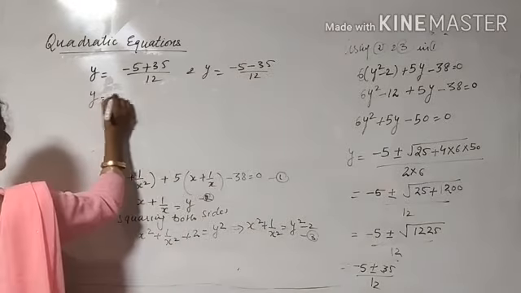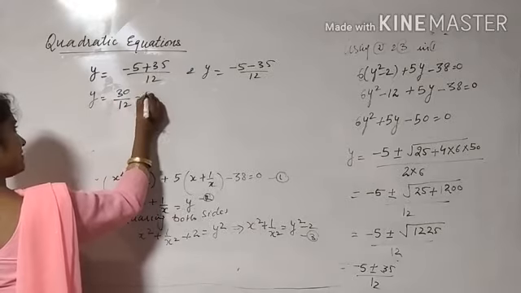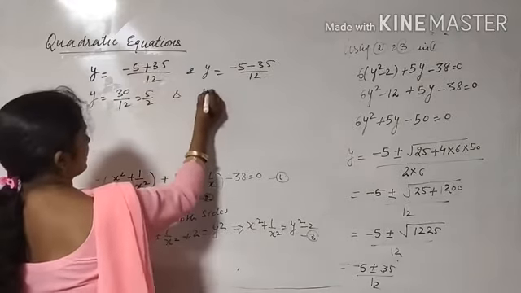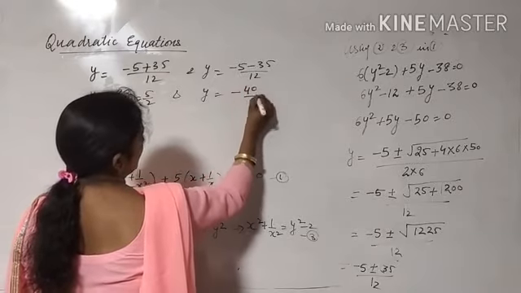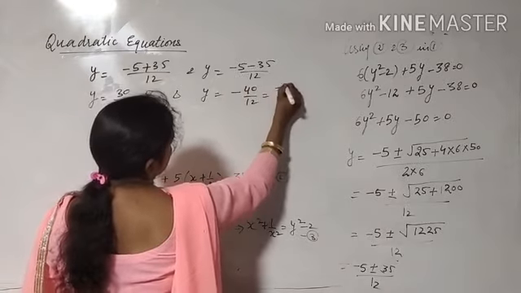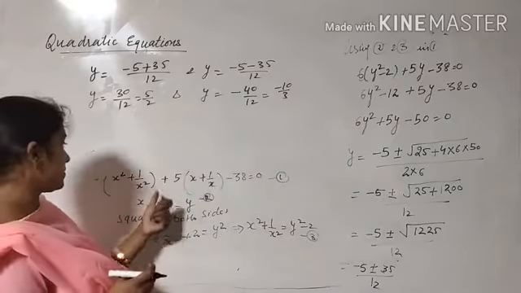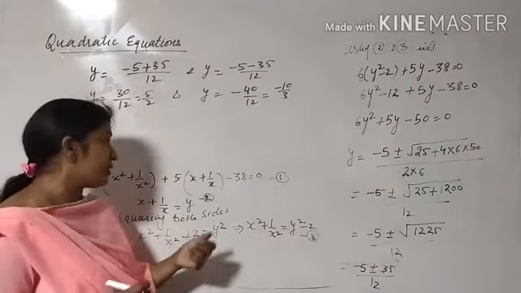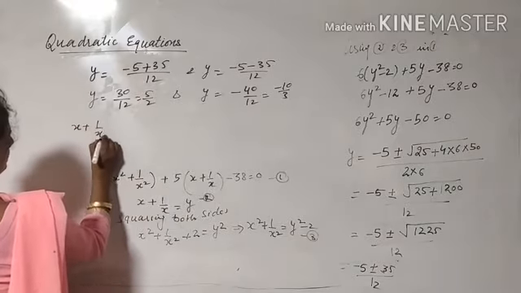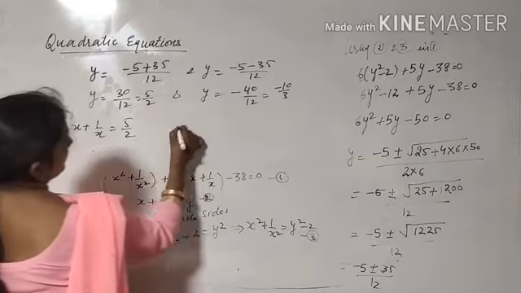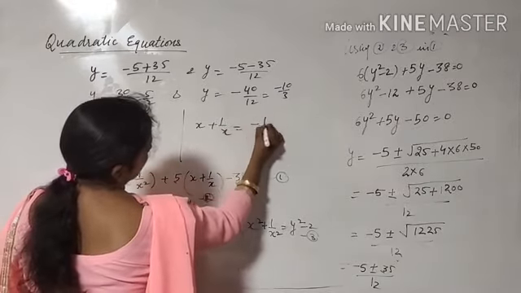So y will be 35 minus 5 is 30 by 12, that is 5 by 2, and y is minus 40 by 12, and this is minus 10 by 3. Now put these values one by one into this equation, x plus 1 by x is equal to y. We get x plus 1 by x is 5 by 2, or x plus 1 by x is minus 10 by 3.